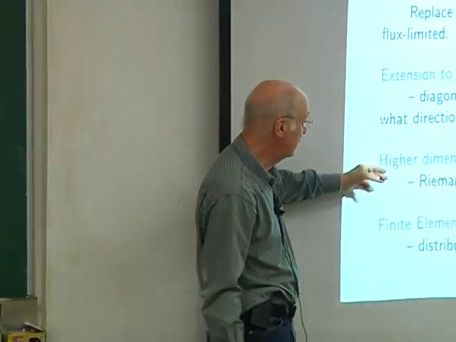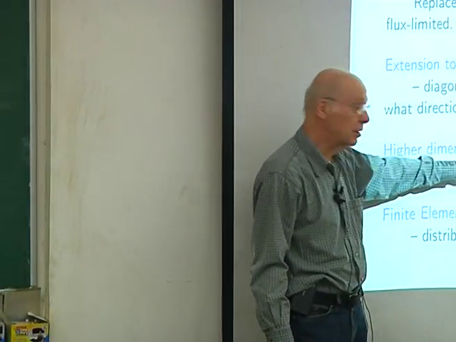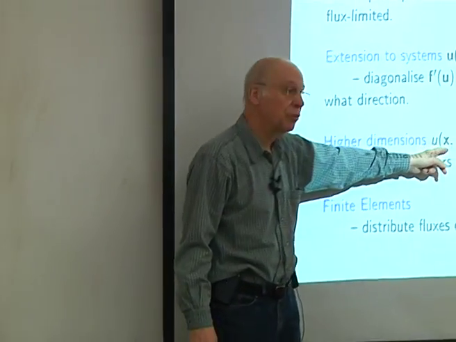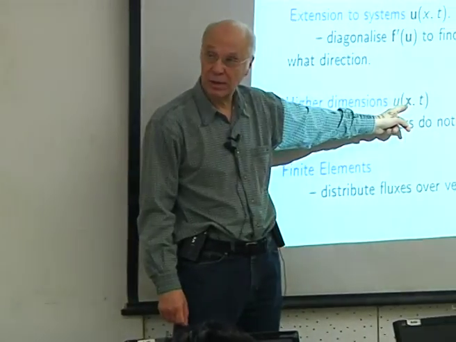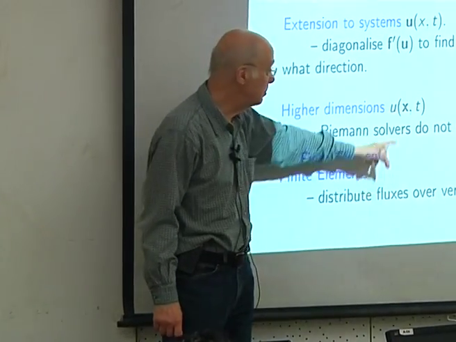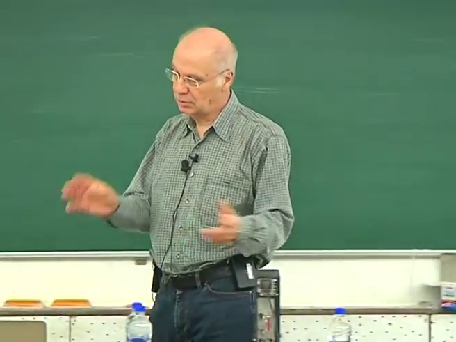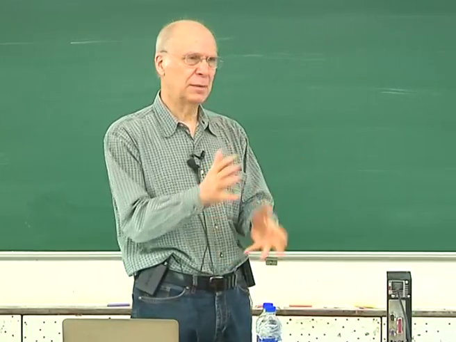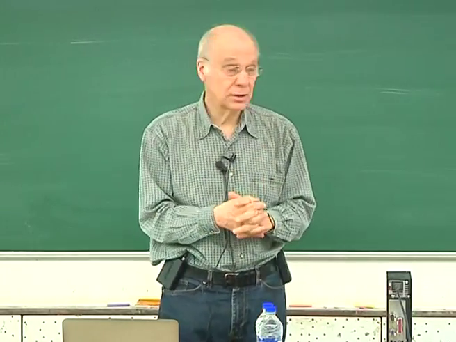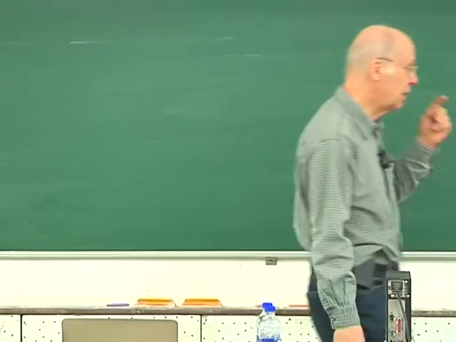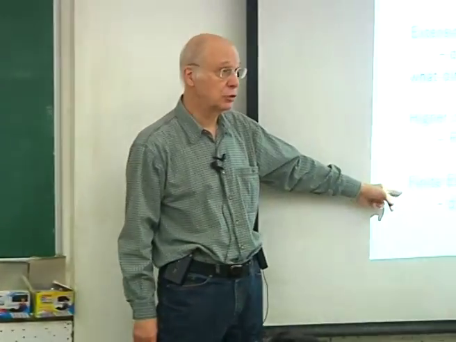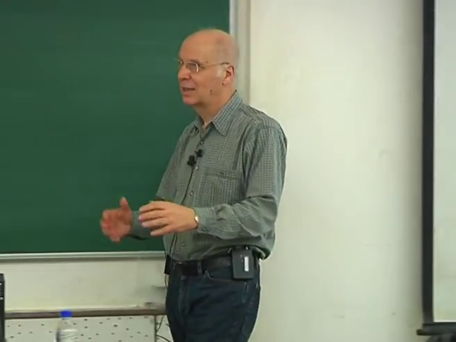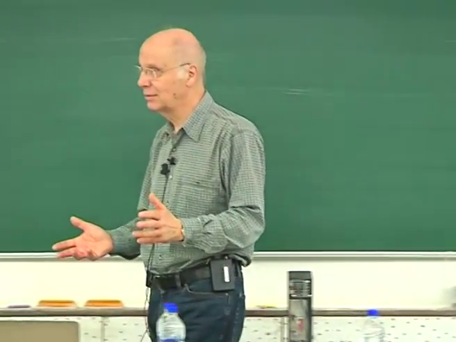You can go to higher dimensions, which means that even with one quantity, we're in three-dimensional space rather than one-dimensional space. And then the Riemann solvers, which were used in the Godunov method, are not available. And fluxes get a bit more complicated in three dimensions. And then I should say people in finite elements have tried to do something. So clearly fluxes are a good idea.